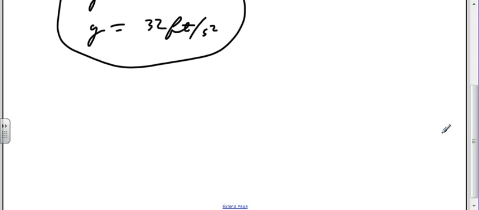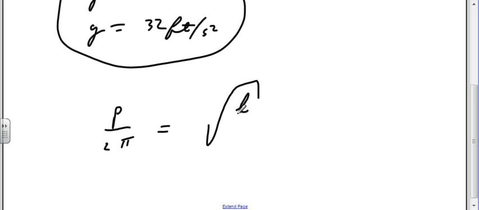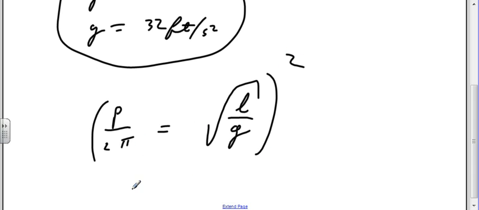Anyway, so back to the problem. We want to solve for g. Okay, so P over 2 pi is equal to the square root of L over g, and we square both sides of the equation, and we say g is equal to, because I'm going to cross multiply, L times 4 pi squared over P squared.